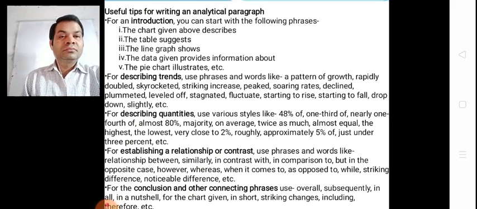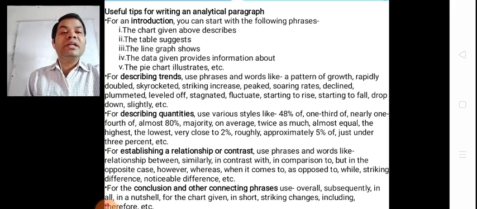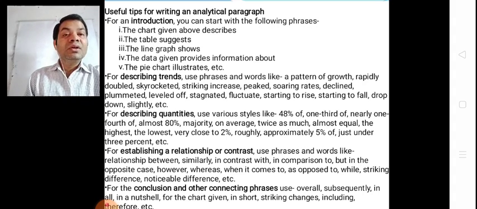Now, these are some useful tips for writing an analytical paragraph. For an introduction, you can start with the following phrases. The chart given above describes.